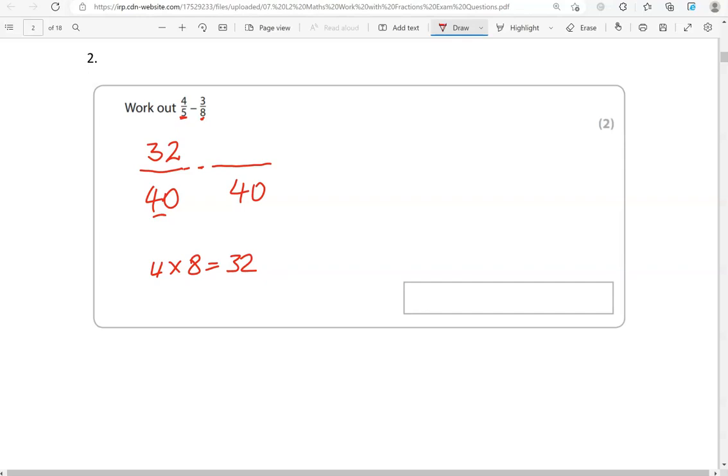So we're going to do 3 times 5, that is 15. So 32 now, take away 15, gives us 17. So that's our answer: 17/40.